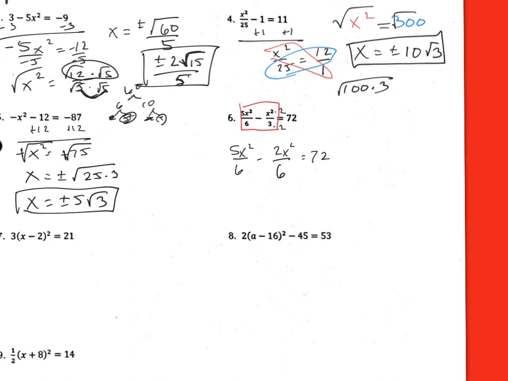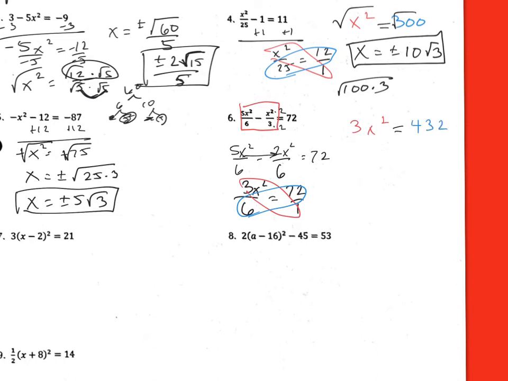So now we can actually combine these two fractions. So this is a 6, and 5 minus 2x squared is 3x squared. You can simplify that if you want to, but we can also just go ahead and keep going because it's going to work out fine. So we have 3x squared equals, and then you multiply the other way, and 6 times 72 is 432.